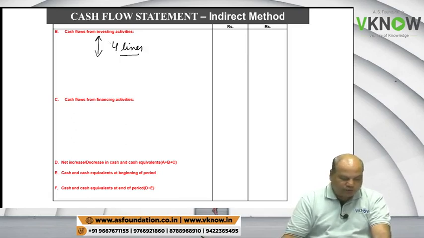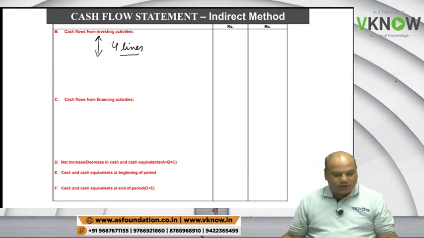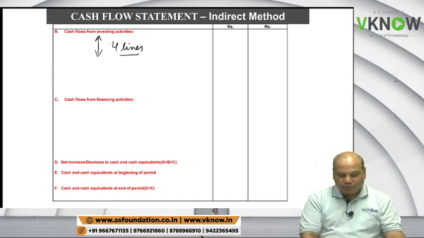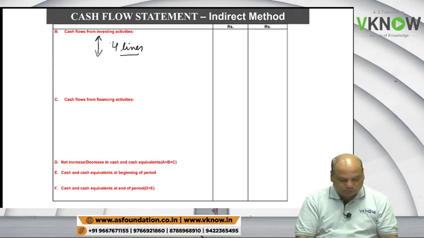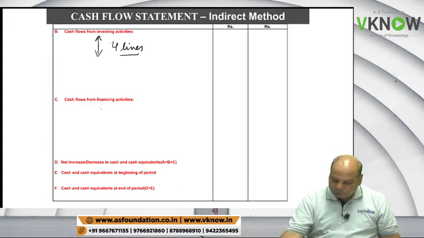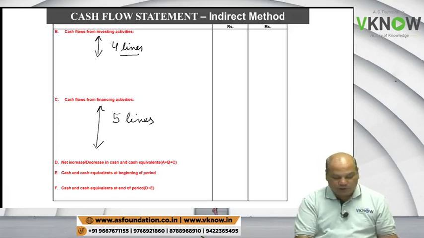Then cash flow from financing activities. Keep 5 lines blank.